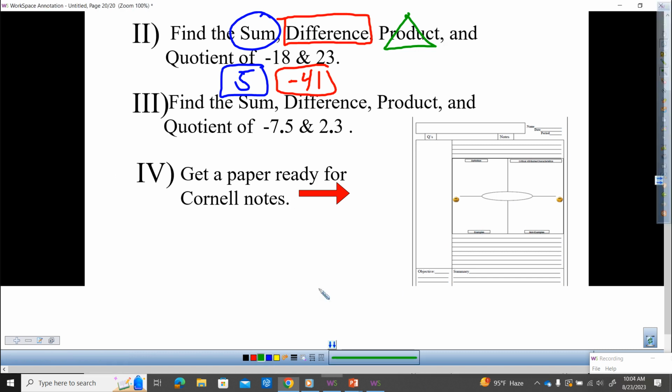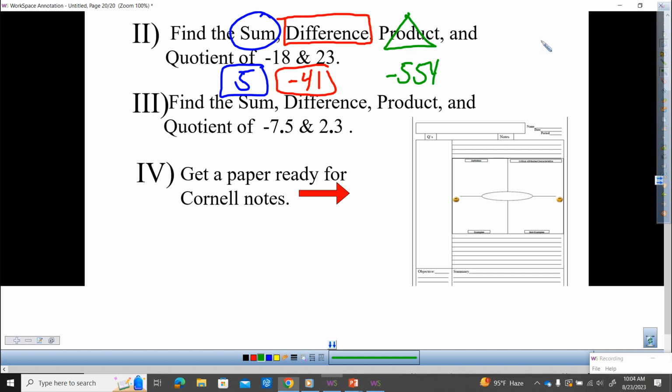Pass to someone, please. Negative what? No, just say it out loud. I couldn't hear. 5 what? 554. Hands if you got that.